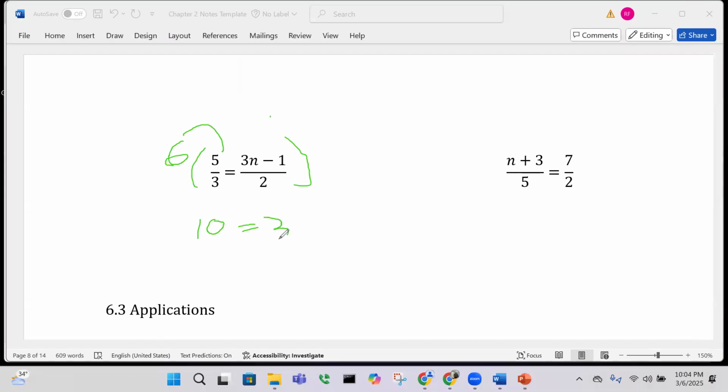It becomes 3 times 3 and minus 1. Well, I guess it's just the same as we cross multiply. 2 times 5 is 10, and then 3 times that. That's the same as multiplying with the LCD. Similar. So whichever approach, math is math, whichever technique you take or use.